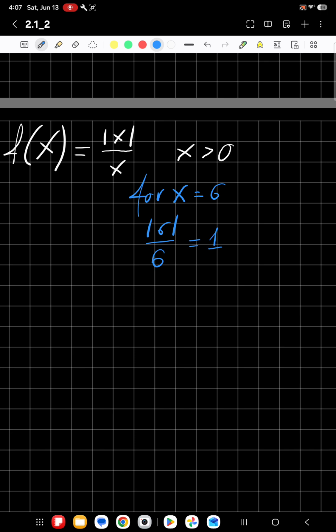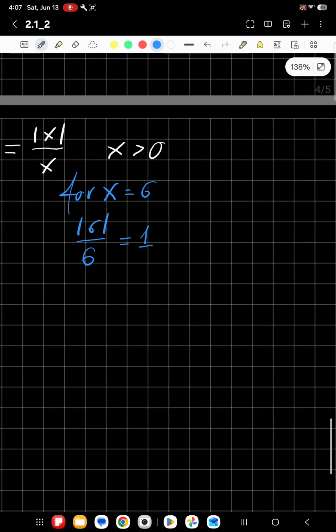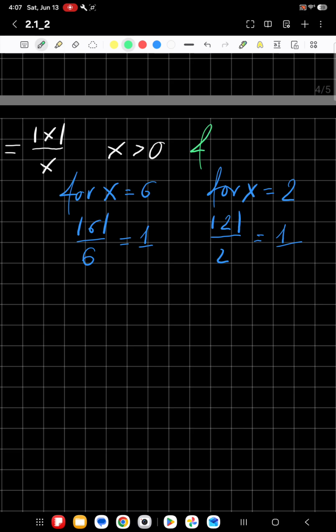I don't know, let's try one more. For x equals 2, I'm picking some random x's that are bigger than 0. I get absolute value of 2 over 2, so that's 1. Okay, so it seems like for x greater than 0, f of x is simply 1. Alright, so that's the first situation.